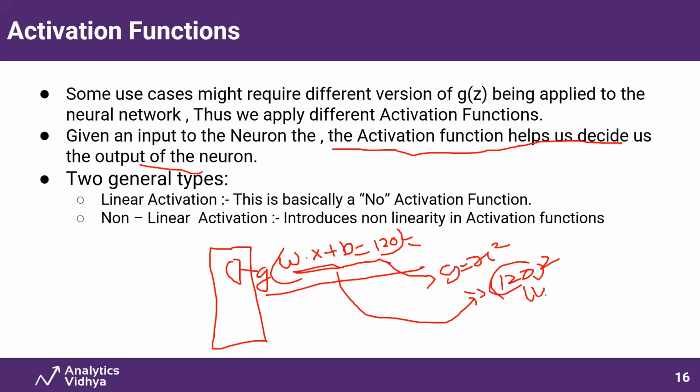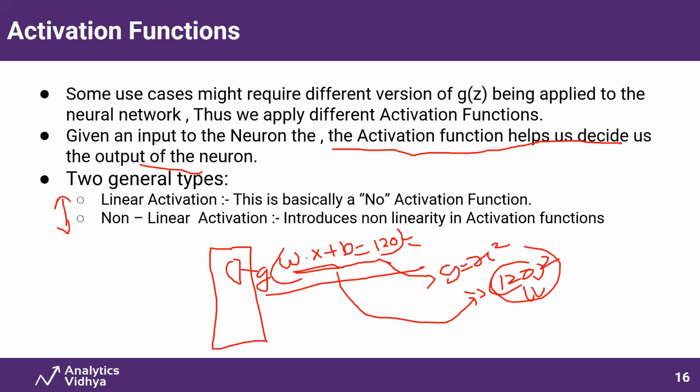Finally, the activation function decided that this is the output of our neuron. So this became very simple for us: we passed an input, and the activation function gave an output. In our scenario, it gave us 14400, or if it is square root, it will give the square root, anything, right?